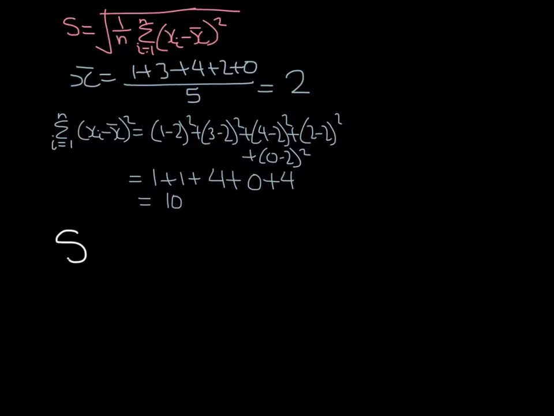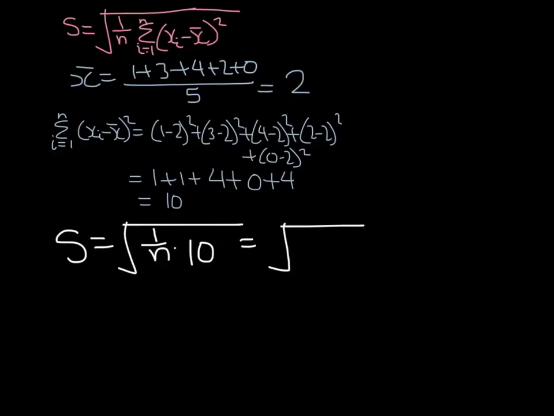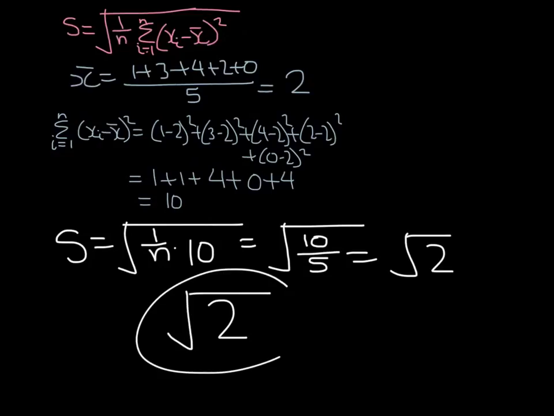So standard deviation is the square root of 1 over n times this quantity here, which is 10. And we know that n is equal to 5, so the standard deviation is equal to the square root of 10 over 5, or the square root of 2. And that's our final answer.